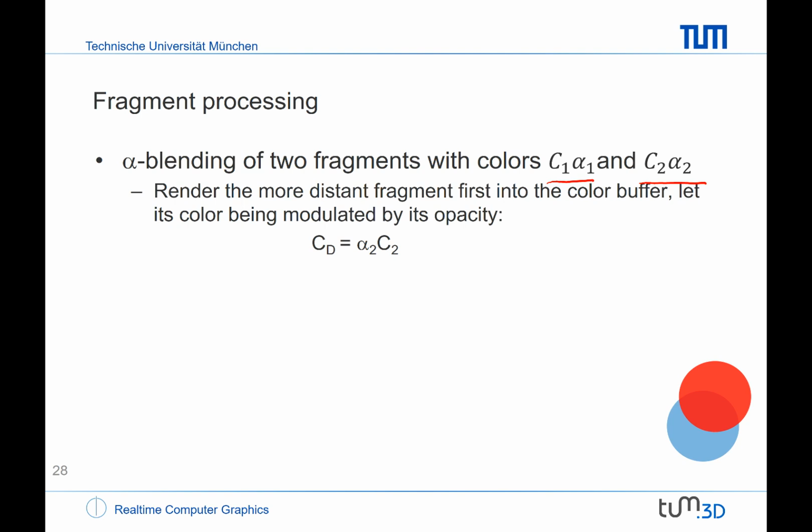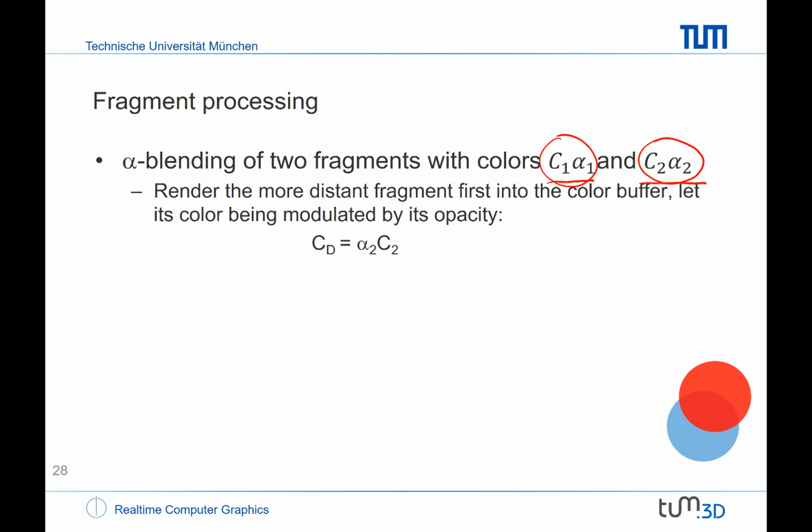Now we assume that the object closer to the view plane is the object 1 with color C1 and opacity alpha 1, and the one that is further away from the view plane is the object 2 with color C2 and alpha 2. Now, how can we render them? Okay, so here in this example we render the more distant fragment first into the color buffer and let its color be modulated by its opacity.